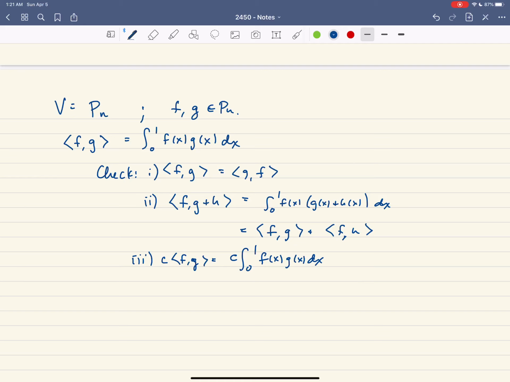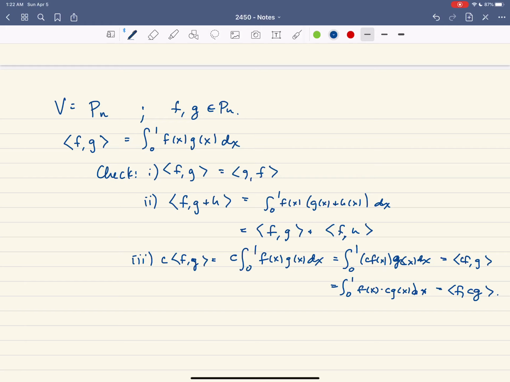And you can move the constant in and group it with the f, or you can group it with the g. So this is the same as the integral from 0 to 1 of c f of x times g of x dx, which is c f inner product with g, or you could write this as f times c times g dx. So you could think of this as f taken inner product with c times g.